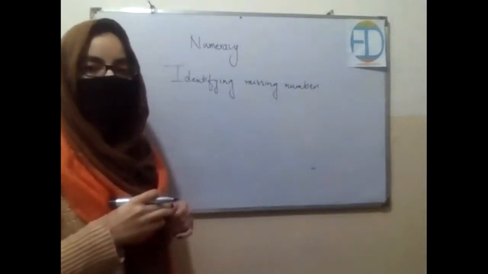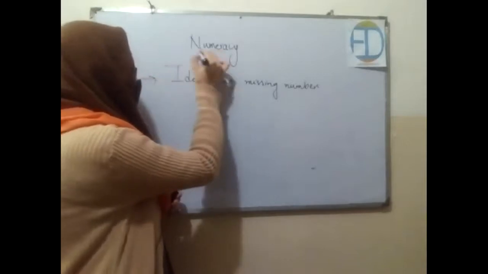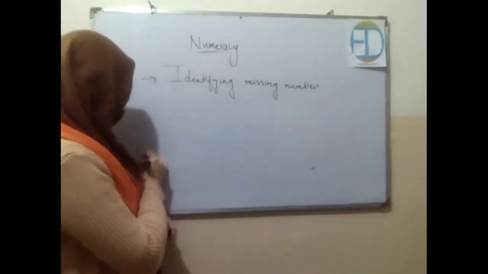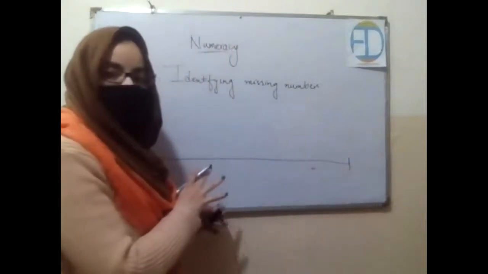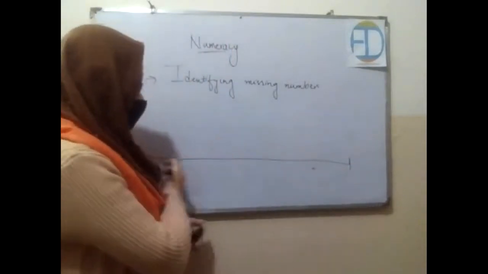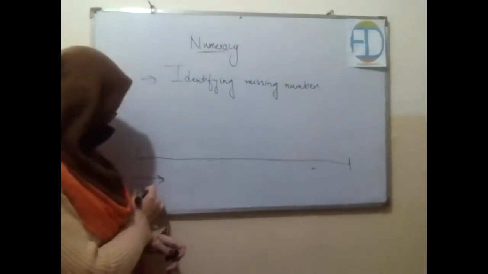I'll be making a number line over here, and then I'll ask you to tell me the numbers. We can draw a number line in both forms, horizontal as well as vertical. This is called horizontal form because I have drawn it along the x-axis.